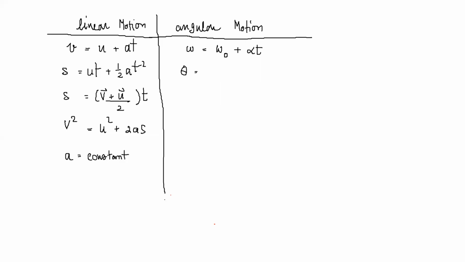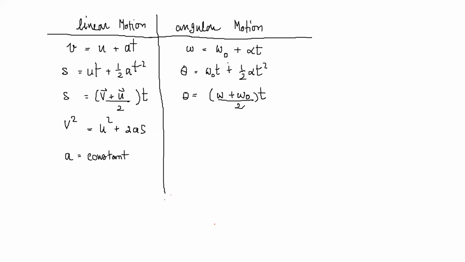Theta, an angular displacement, is omega 0 t plus 1/2 alpha t squared. And then you have theta equal to omega plus omega 0 divided by 2 and t.